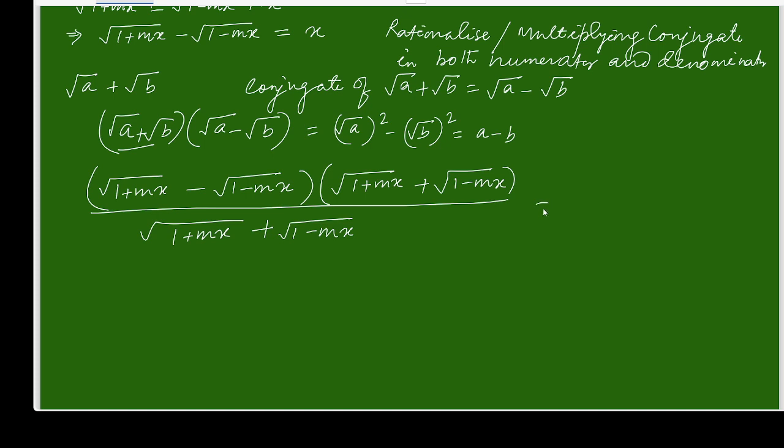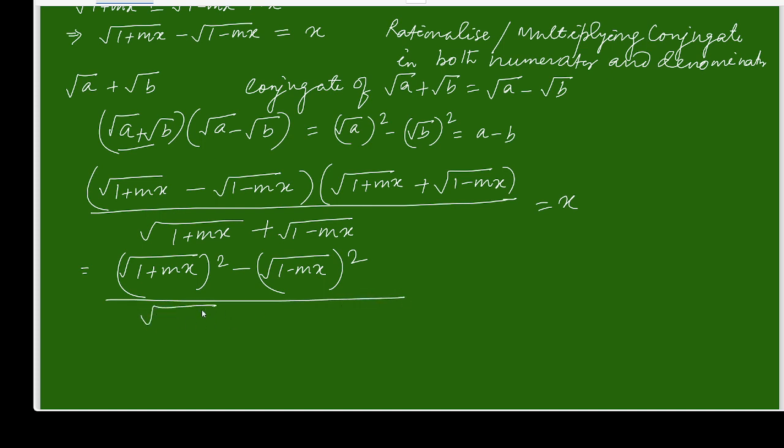This is equal to x. So what will be in the numerator? It will be square root of 1 plus mx whole square minus square root of 1 minus mx whole square. Denominator remains the same.